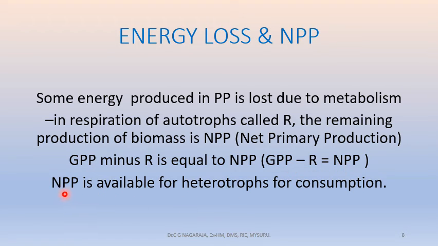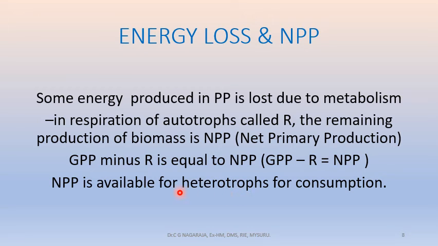NPP, that is net primary productivity, is the amount of biomass available for heterotrophs for consumption. When you say heterotrophs, it includes all the animals. Animals do not produce food material, or they will not be able to produce anything at all, maybe except certain lower organisms like protista, where Euglena is an example, which may fix some carbon.